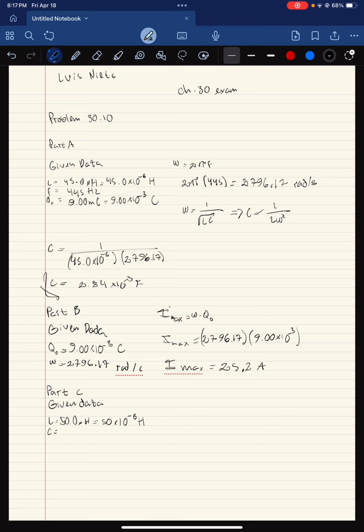And 455 microfarads. So you pass it to farads, so 455 times 10 to the -6 farads. Perfect. Remember, we already have the formula that we're going to use for this.